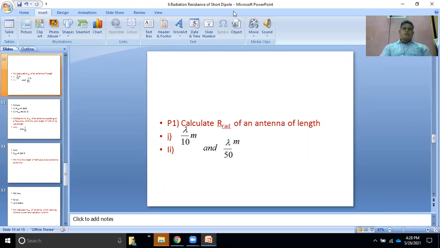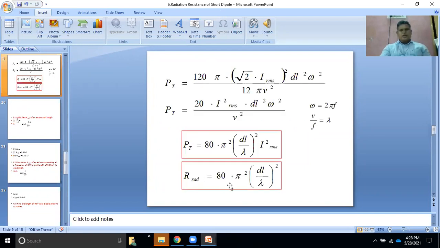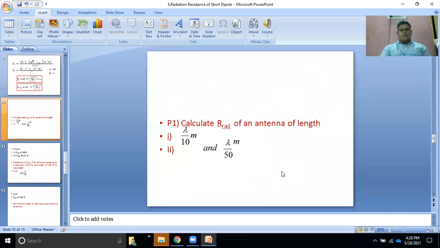All of you, dear students, have to solve this problem. What is the expression? Note down this expression: RRAD is equal to 80 pi square DL by lambda whole square. Here the length of the antenna is DL. DL is equal to lambda by 10, so DL by lambda is 1 by 10. Similarly, DL is equal to lambda by 50, so DL by lambda is 1 by 50.